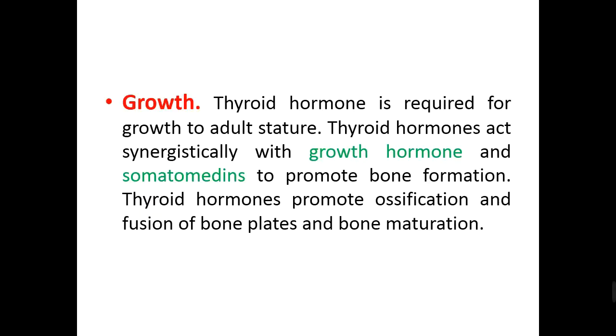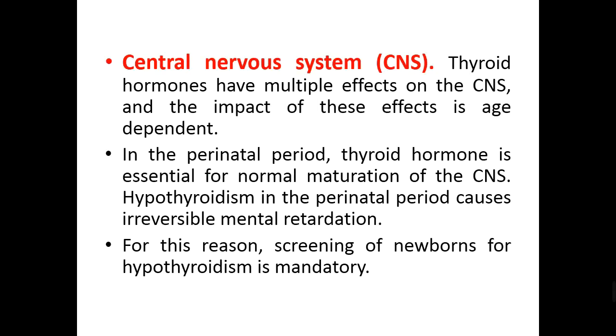Growth. Thyroid hormone is required for growth to adult stature. Thyroid hormone acts synergistically with the growth hormone and somatomedins to promote bone formation. Thyroid hormone promotes ossification and fusion of bony plates and bone maturation.